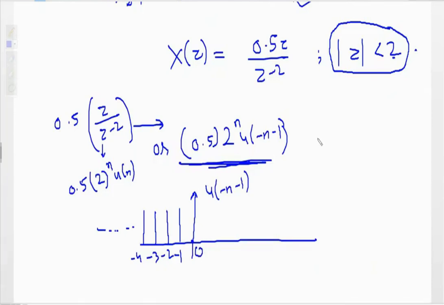And we have to determine the initial value, x of 0. But for this signal, u of minus n minus 1 is not present at the origin, it starts from minus 1 up to minus infinity. So the answer for x of 0 is 0, because at the origin the value of u of minus n minus 1 is 0. So the correct answer for this question is 0.